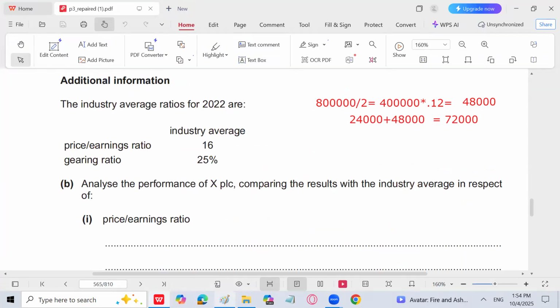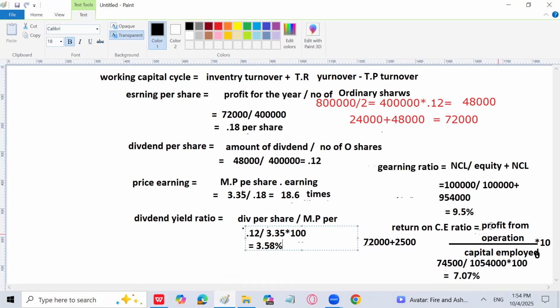Gearing ratio is 25%, right? So gearing ratio is on the lower side, is only 9.5%. So we are not a highly geared company, we are a low geared company. So we are not relying much on investment through outside capital. It means that our own investment is at risk, right? Because we are not taking much more debentures or loan from outside liabilities.